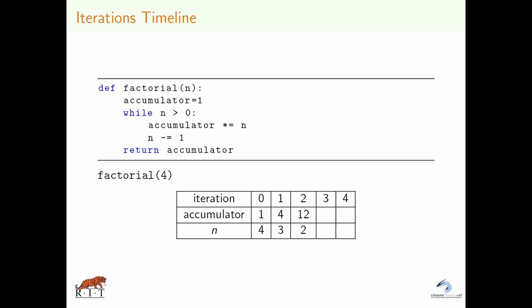On the next step, accumulator was multiplied by the current value of n, so 4 by 3. This is the new value of accumulator, but n was decreased by 1, so the new value of n is 2. And we can continue. On the next step, accumulator will be multiplied by n. We will have 24, and n will be 1. And we will stop here because 24 by 1 is 24, and here we will get 0. So this is called a timeline.